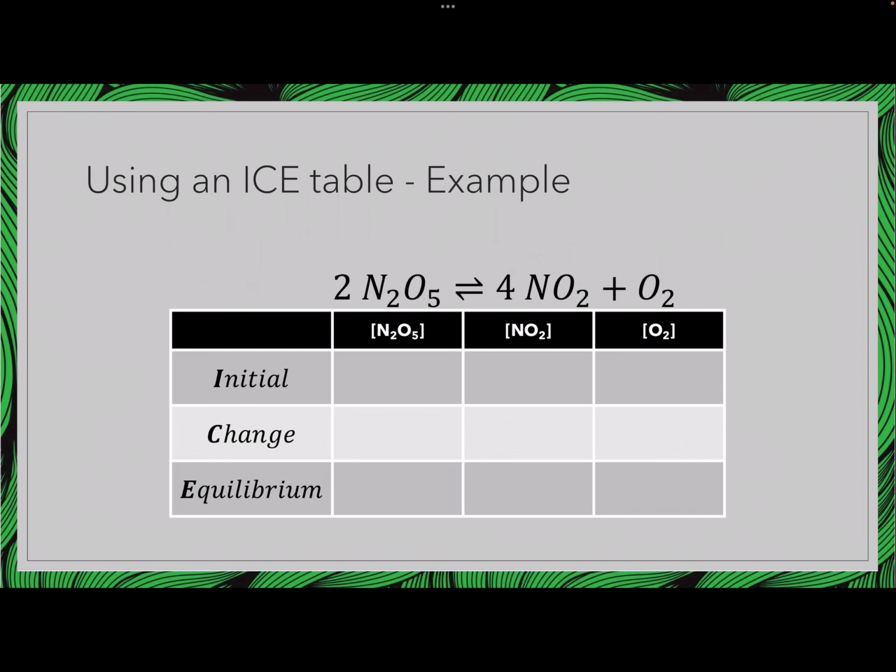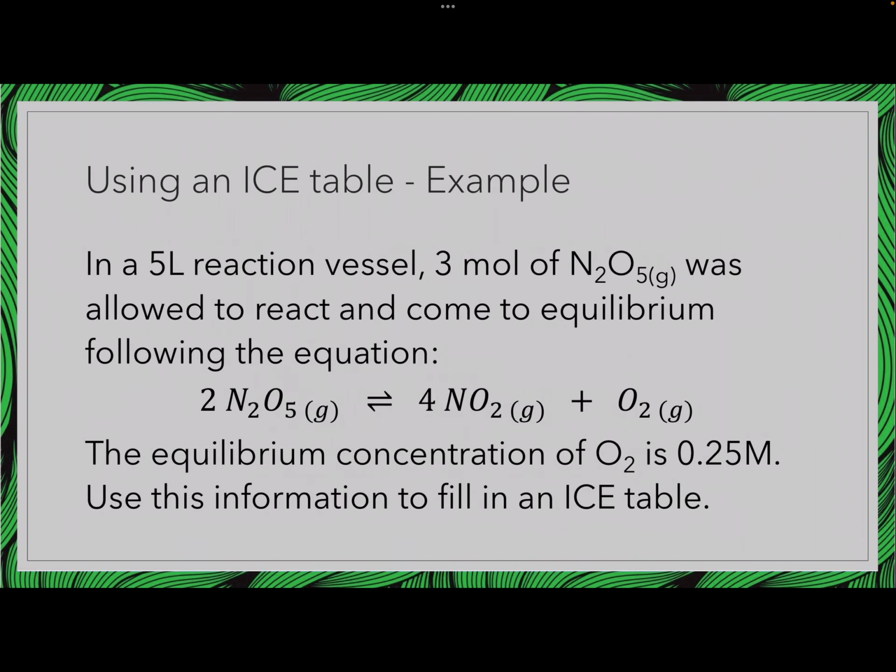Let's highlight all the important information. We had a 5-liter reaction vessel and 3 moles of N2O5. So remember, for our K equations, we need to have concentrations, which is moles per liter or moles per volume. Now, that's allowed to react and come to equilibrium. And the equilibrium concentration of O2 is 0.25 moles per liter.